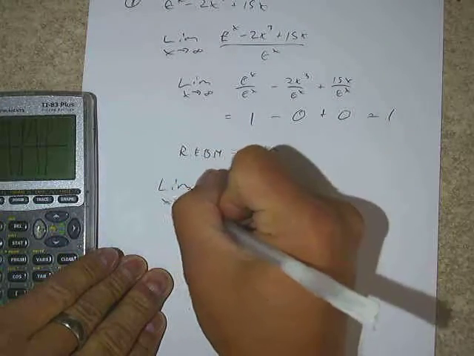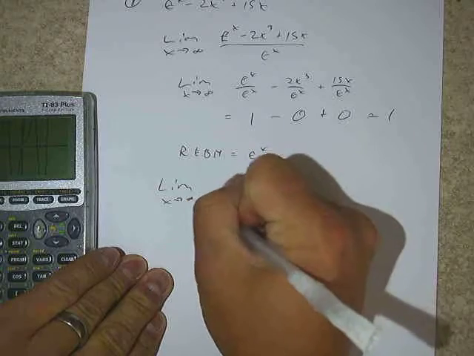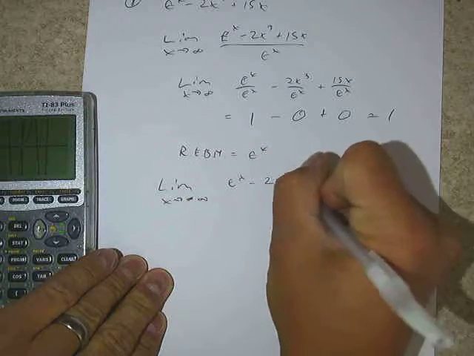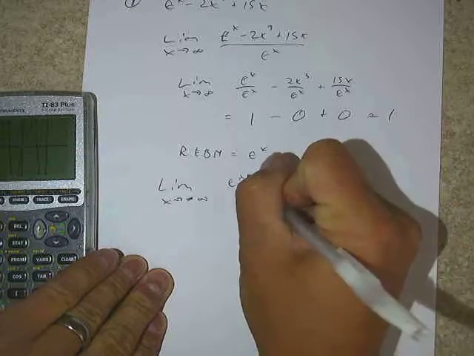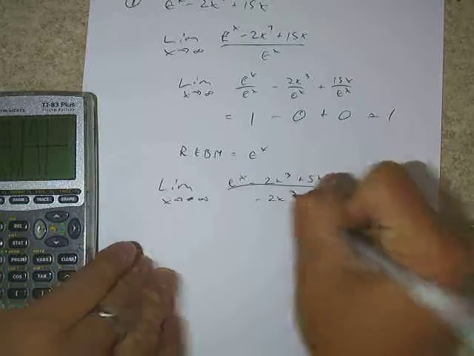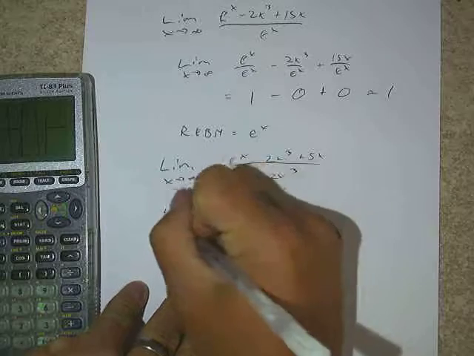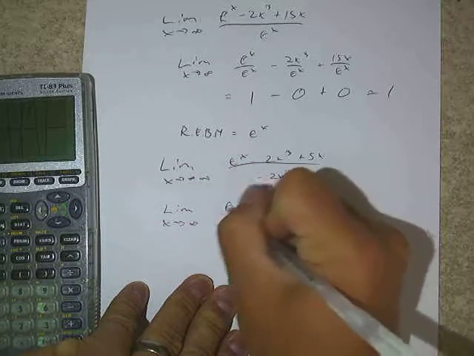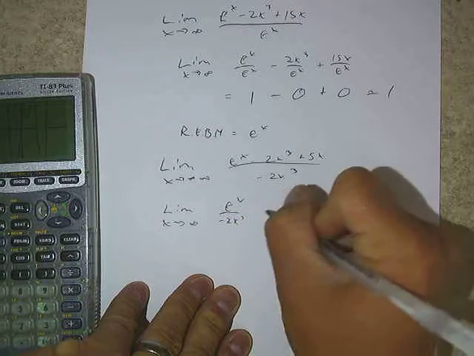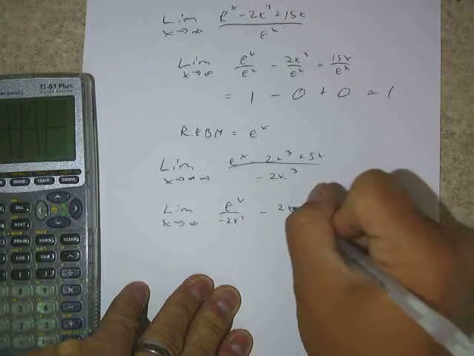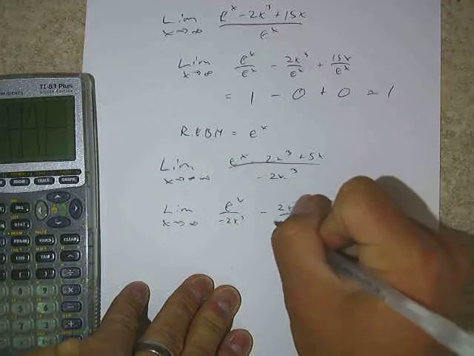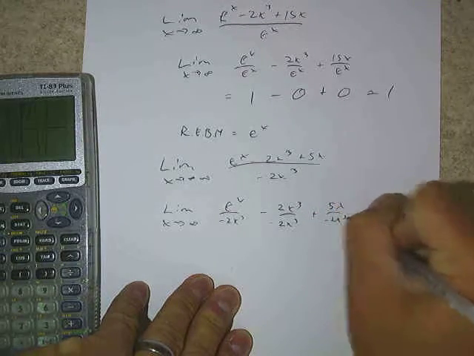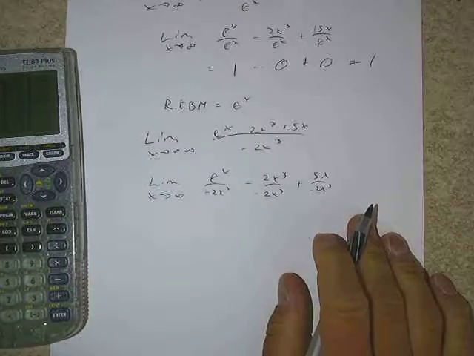So if it is in fact the answer, then as x approaches negative infinity, our ratio is e to the x minus 2x cubed plus 15x all over negative 2x cubed. See how that works. So the limit of e to the x over negative 2x cubed, minus 2x cubed over negative 2x cubed, plus 15x over negative 2x cubed.